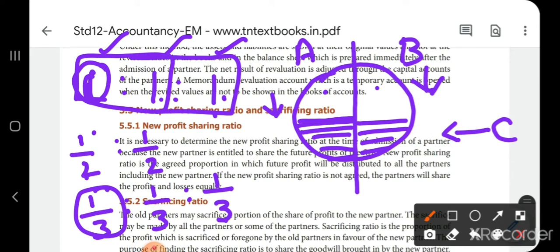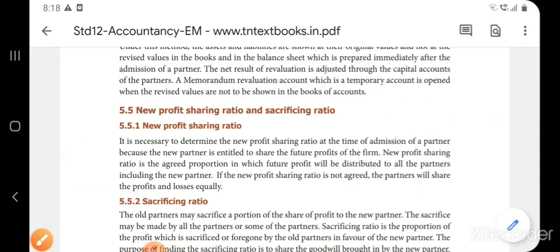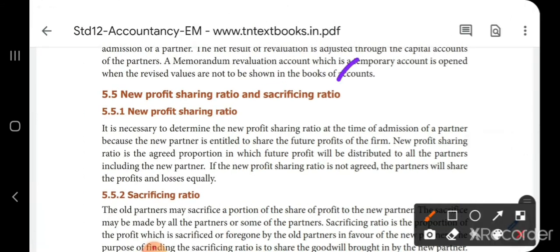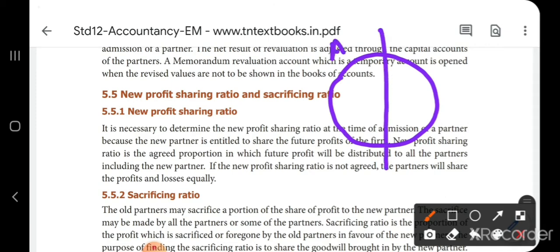Now, similarly, just apply this concept. Assume that this is the entire profits of the firm. A and B are sharing the profits and the loss equally. So A's share is 1/2, B's share is 1/2. They share in the ratio of 1:1. When C is newly admitted to the firm, that means C is also entitled to all the future profits and loss of the firm. In that case, C should also be given one portion of the profit.